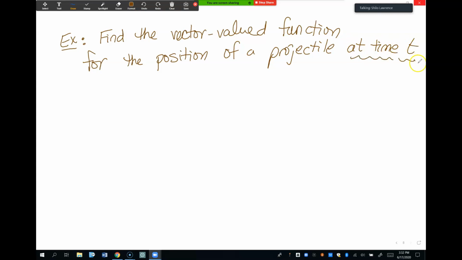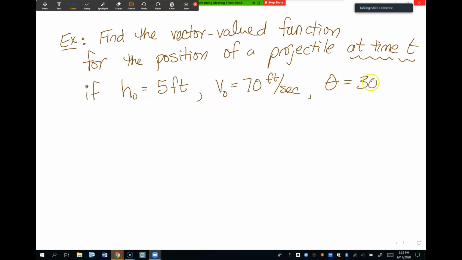This just means use t as your variable. If h sub 0 is equal to 5 feet, so we're launching our projectile from a starting height of 5 feet, we're giving our projectile an initial velocity of 70 feet per second, and we're launching this guy at an angle of 30 degrees.